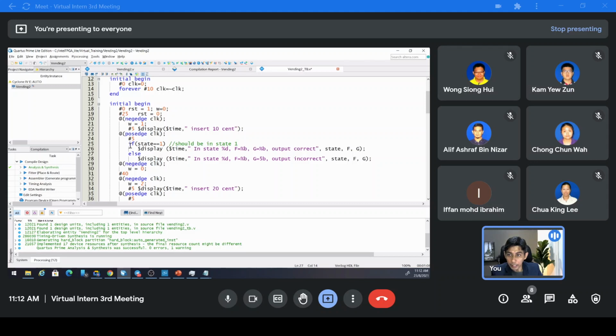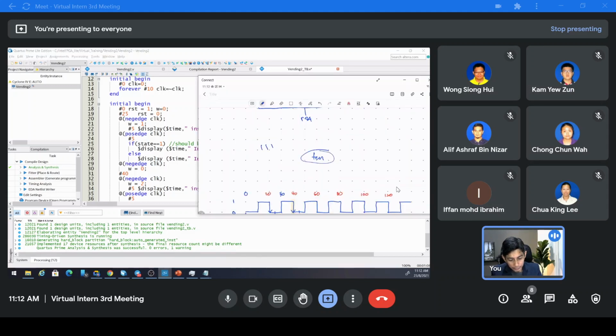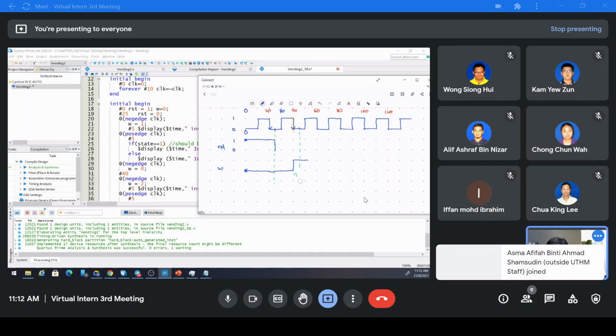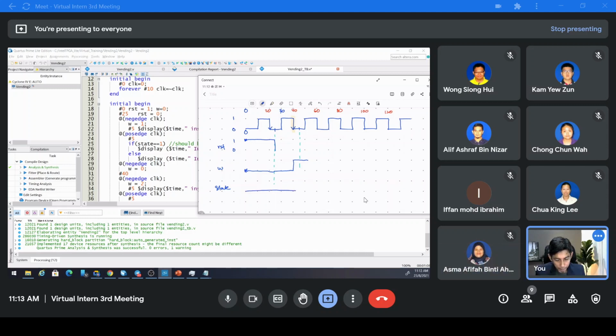So this is how we check. Where to check? The safe place to check, right? Because we insert W equal to 1 here, so it will always be 1. Let's say the state signal is here. It should be always 0 until here.